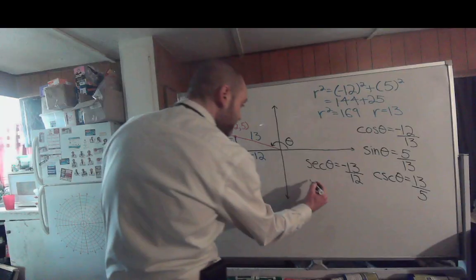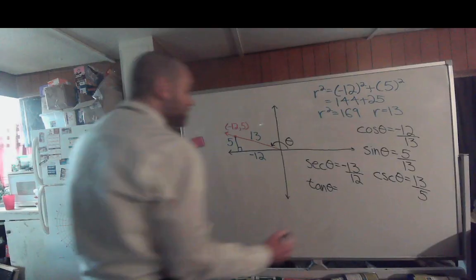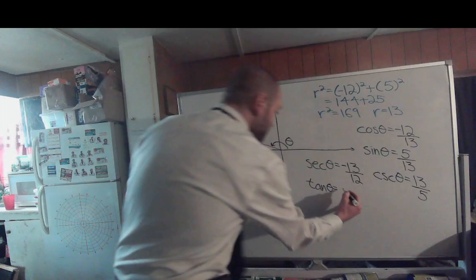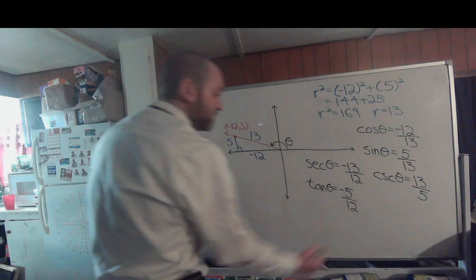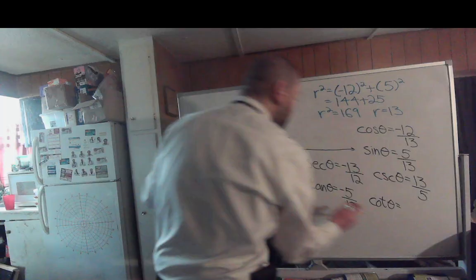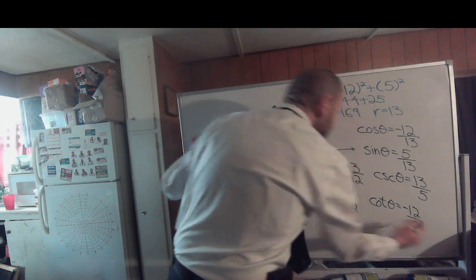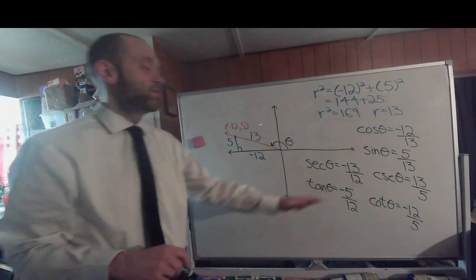And then we can find the tangent of theta, which is going to be opposite over adjacent, so that'd be negative 5/12. And then your cotangent of theta is 1 over your tangent, so 1 divided by negative 5/12 would be negative 12/5. So that is how you would find the given trig functions for any angle.